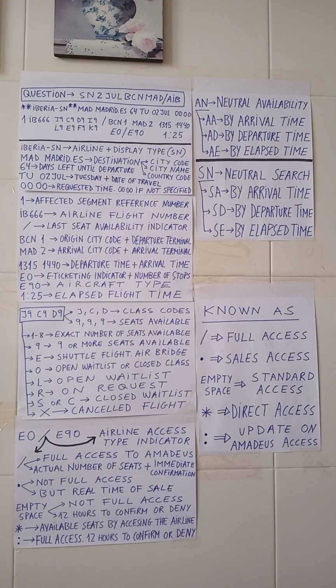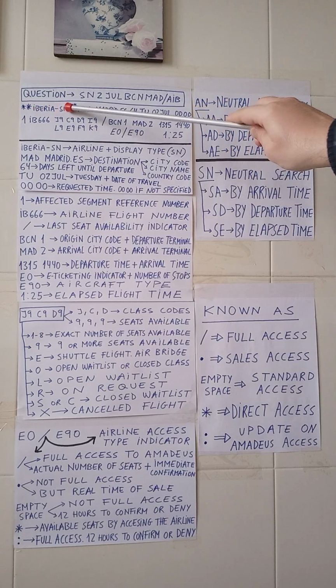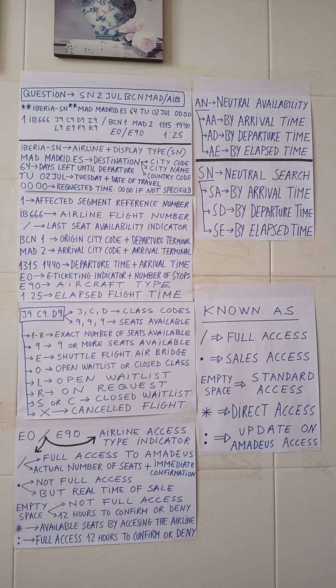Now I am going to analyze Amadeus' response. Iberia SN refers to the full name of the airline Iberia, and SN indicates that the screen in front of us is of the SN type.